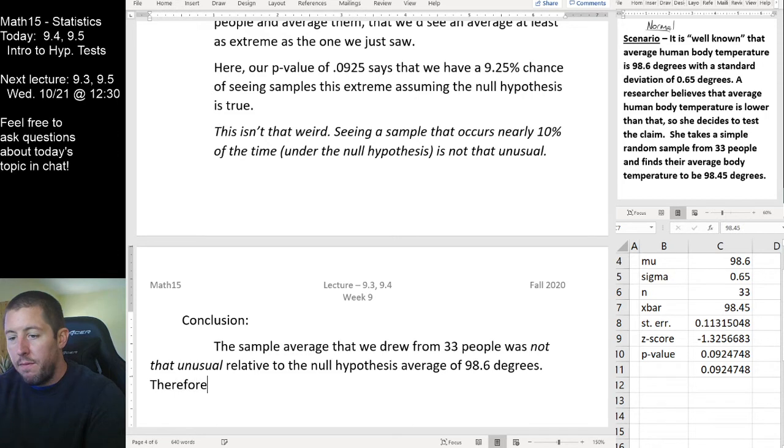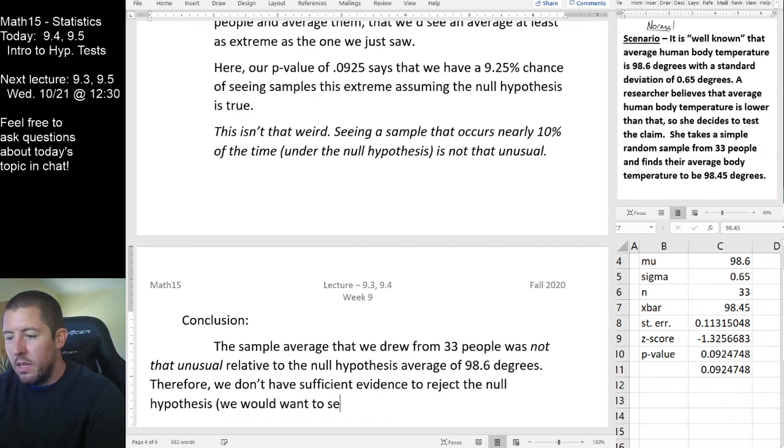Therefore, we don't have sufficient evidence to reject the null hypothesis, right? We would want to see a much more rare event for us to believe that the null hypothesis was false.